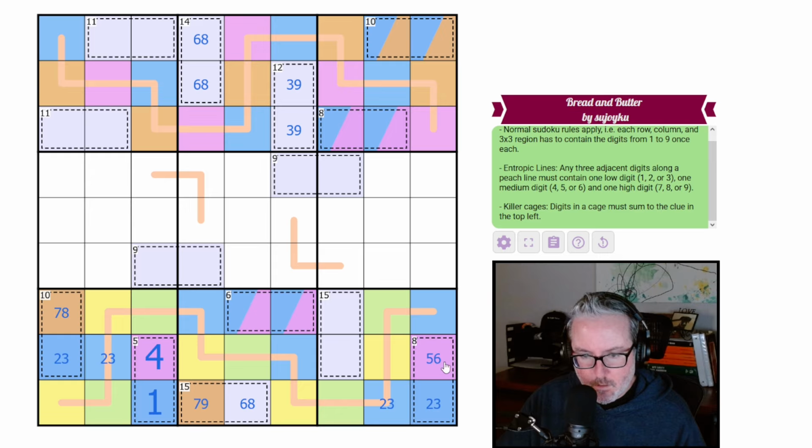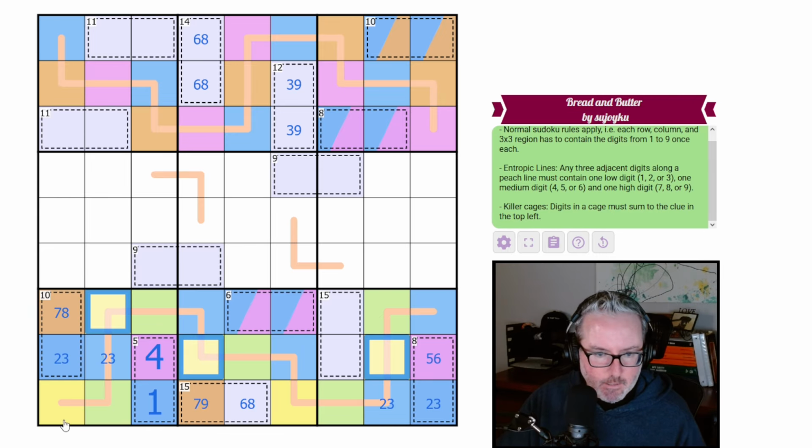Okay. Now that means what? Five, six. It means yellow can't be mid. If we look across the line, yellow's high.